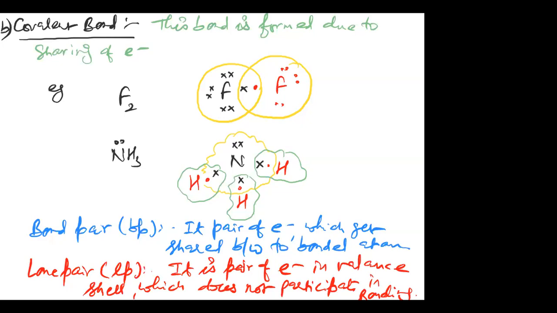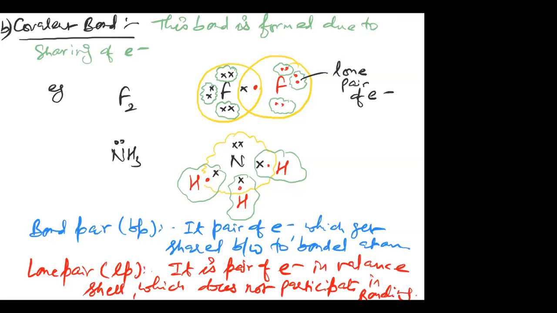For example, if you see the structure of F2 and NH3, in the structure of fluorine, this is the pair of electrons which does not participate in bonding, although it is part of the valence shell. Similarly, this is a pair of electrons which does not participate in bonding, and it is part of the valence shell. So this is also known as lone pair of electrons.